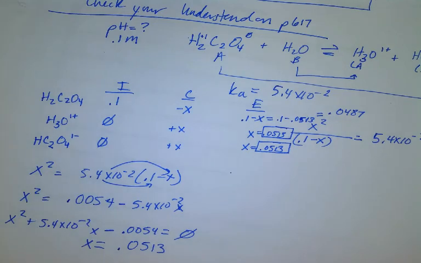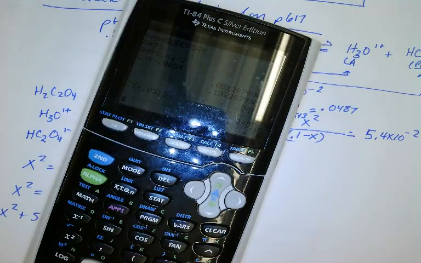Do you have a question? First of all, do you agree with my numbers? What would you get for X? I got one positive, one negative, but the positive one is different, and my negative one is the same as yours. Okay. Let me show you.